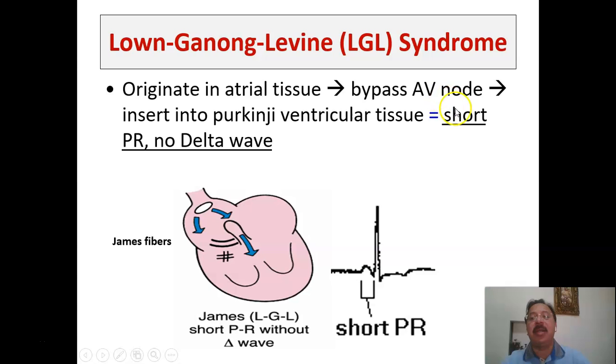So this will result in a short PR interval but no delta wave, because it's going to the normal conduction system. The accessory pathway used in LGL syndrome is called James fibers. So you will get the short PR interval only, without delta waves.